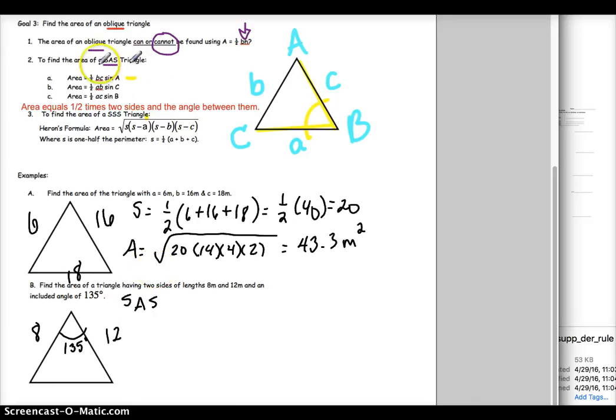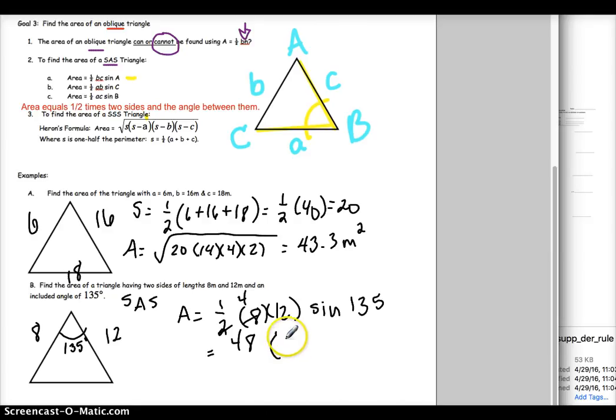So that tells me to use the 1/2 two sides times the sine of the included angle. So the area is 1/2 times the product of the sides times the sine of 135 degrees. So we've got 48 times the sine of 135. We know the sine of 135 is the square root of 2 over 2.